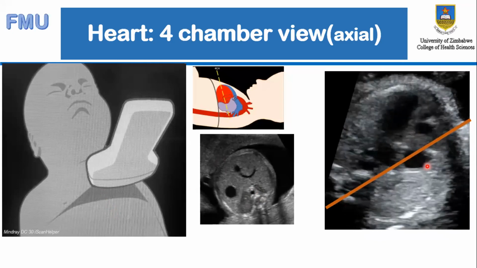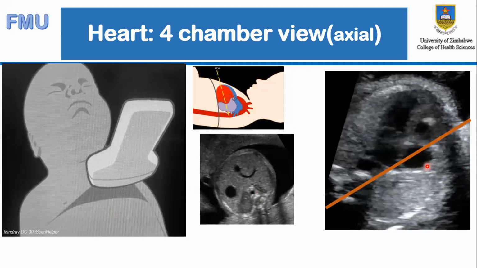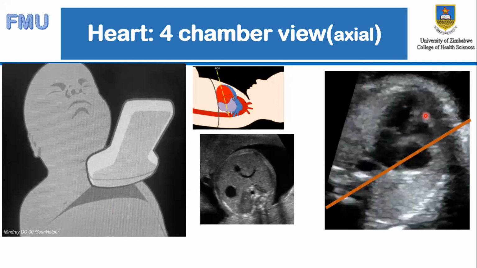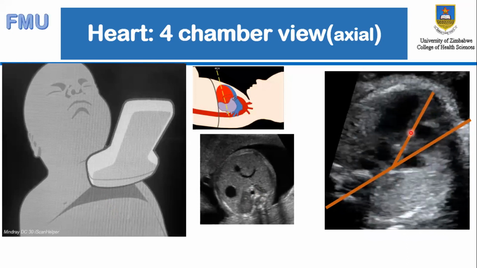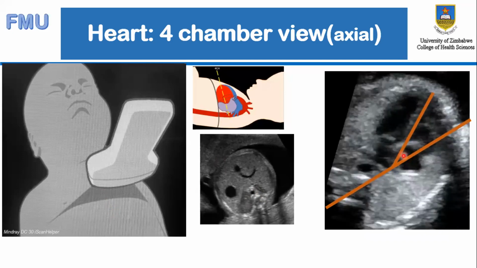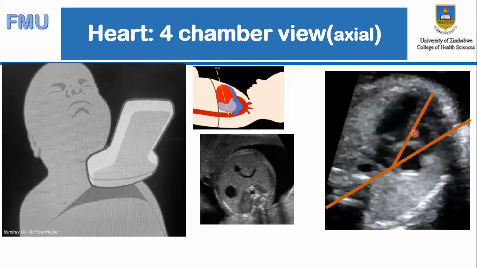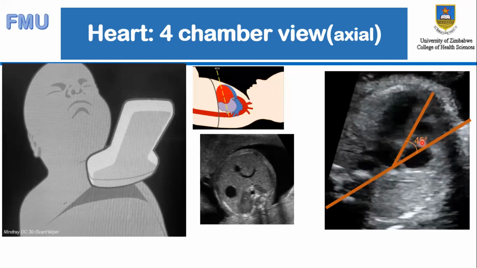Then from there, we want to assess the axis. The apex of the heart should be at least 45 degrees directed towards the left side. So if we are to draw a line cutting across the ventricular septum, we should get an angle which is at least 45 degrees plus or minus 20 degrees in order for us to say there is normal axis.